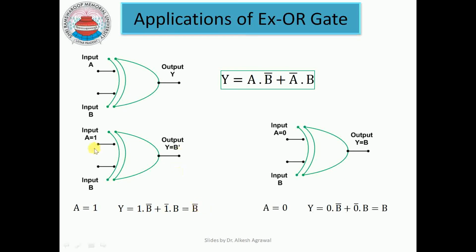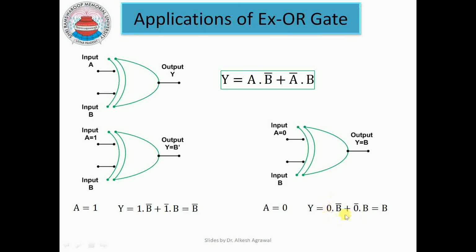So this is important. If you have a two input XOR gate and one input is 1, at the output we get the inversion of the second input. Here, when one of the inputs is 0, we get the same output value as the second input. So you put a is equal to 0, so 0 and b bar, or 0 bar and b.